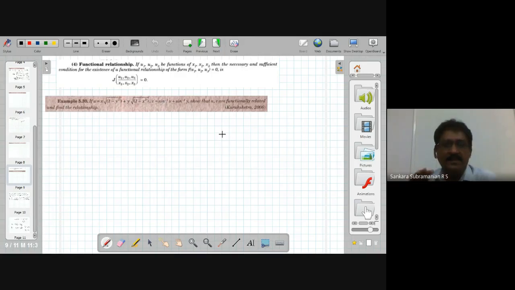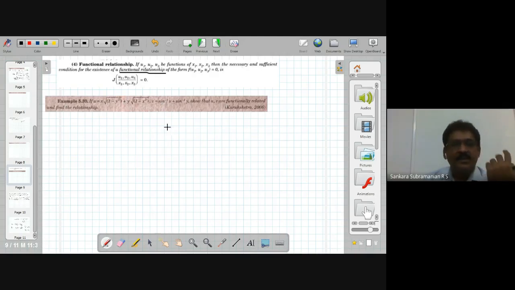We can check that using this Jacobian quantity. If you write u1, u2, u3 as an implicit function in terms of x1, x2, x3, it comes as f1 of u1, u2, u3, x1, x2, x3. If you find the Jacobian value and it is 0, there is a functional relationship, it is dependent. If it is not 0, it is independent.